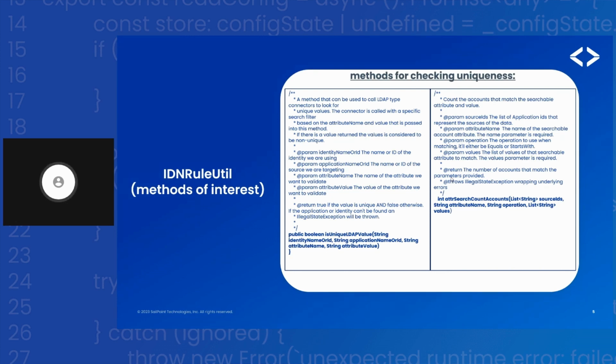And then there's also the attribute search count accounts, which counts the number of accounts with the searchable attributes you're looking for. That one is more useful outside of AD. So the combination of those two sets of methods can assist in the generation of attributes for provisioning.